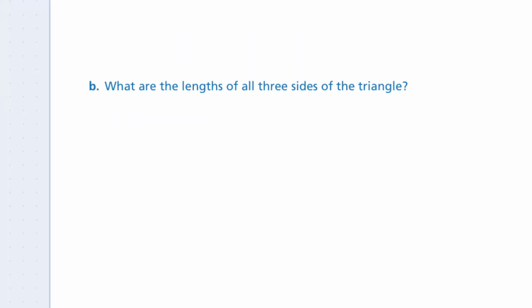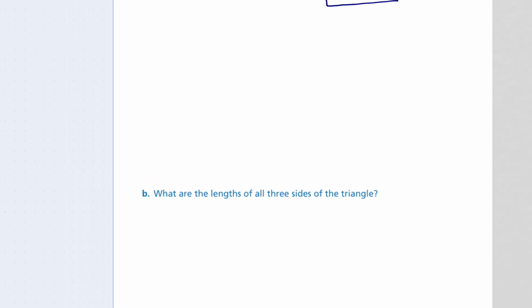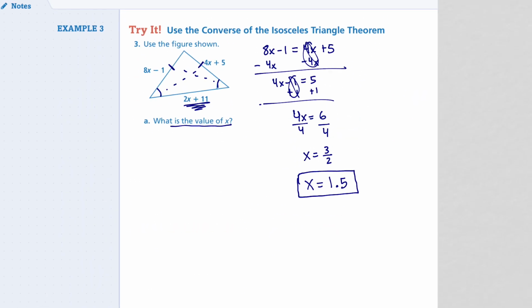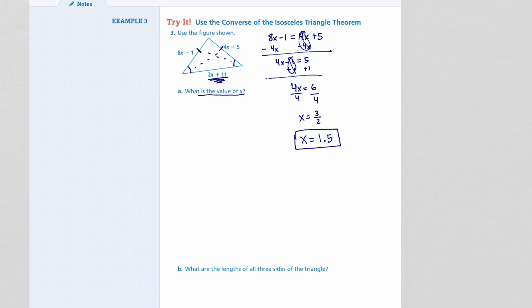For part B, it's asking me to find the length of all three sides. We already have our value of x, so we're going to use our value of x and just substitute it into each one of these segments. So the first side is 8x minus 1. We're just going to substitute 1.5 in place of x, and we will have that measurement.